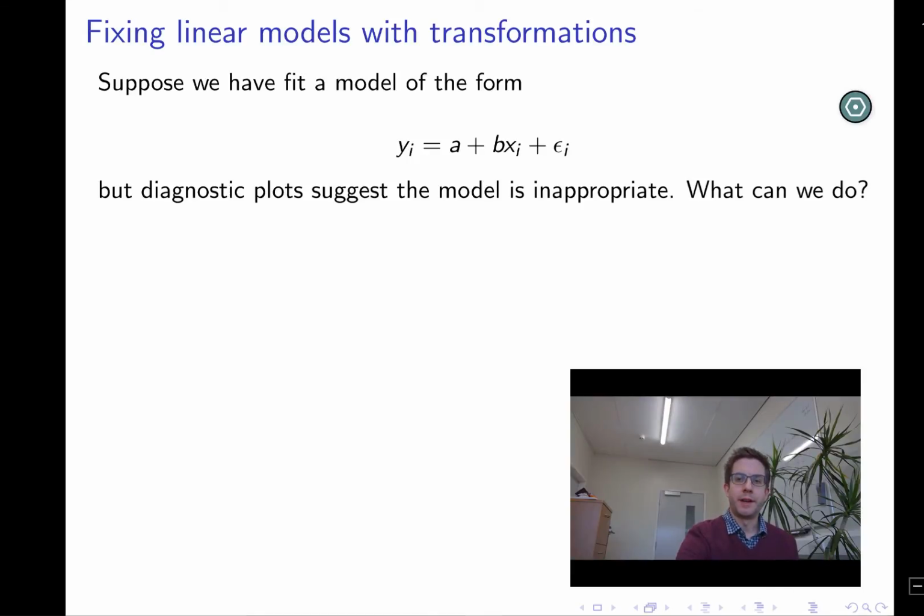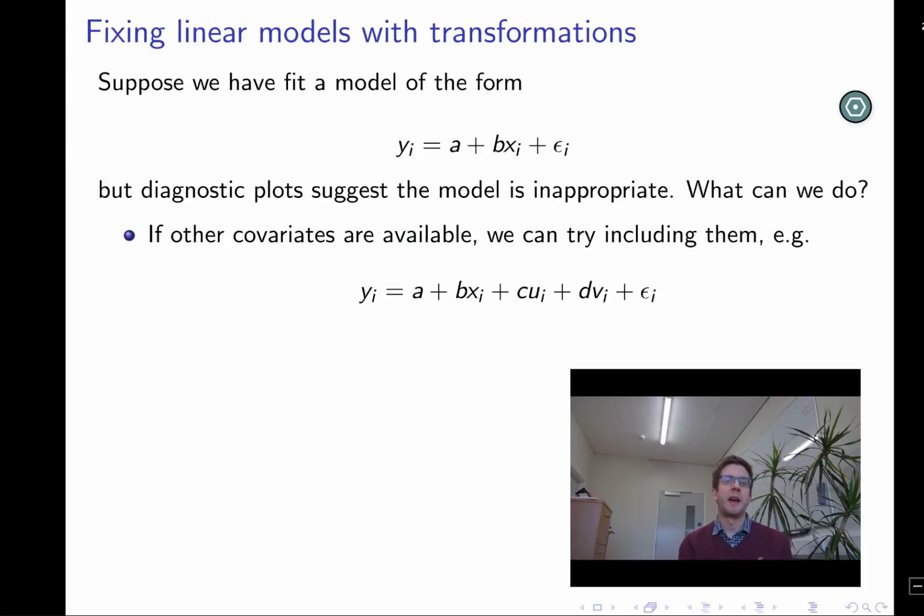Well, the first thing we can try is adding other covariates into the model if they're available. So instead of just having y regress on x, we could also regress it on x and u and v, etc., if we have information on other quantities, u and v in this case.